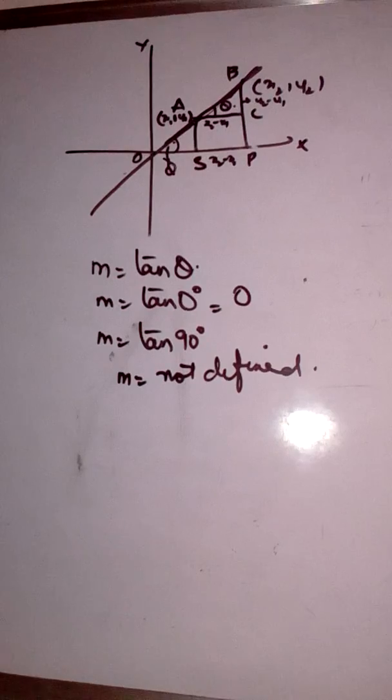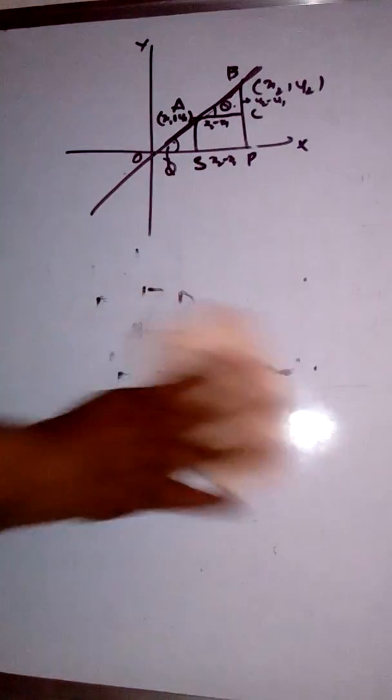We'll try to solve some problems based on this. The 2 points are given as 4 comma minus 8 and 5 comma minus 2. So now I'll take this as x1 y1 and this as x2 y2.